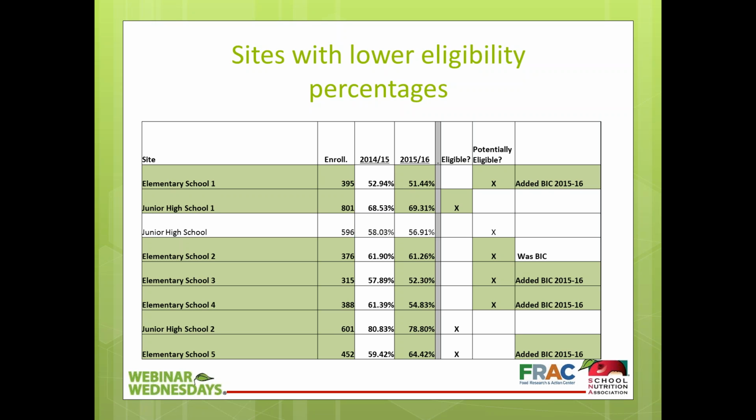As you can see, again, there was a decrease in most of the schools that we were thinking of adding this last year. And as you'll notice, 5 of the 7 schools listed here were only potentially eligible versus eligible. What that means is they were only at a 30 to 40% ISP percentage. So we were kind of taking a gamble there to try to incorporate them.